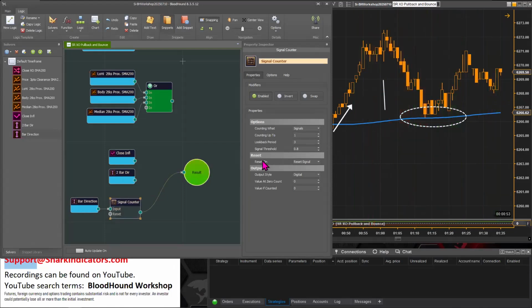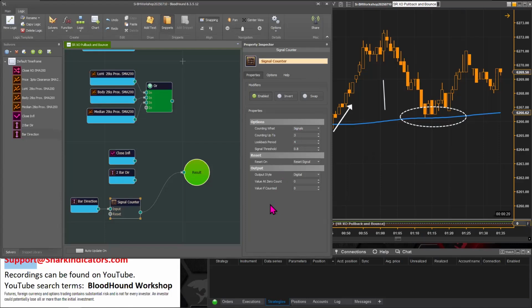Let's connect that up. Now, this time, let's say we want at least 3 bars in the same direction. But since we're going to allow for a down bar, we're going to add an extra look back period. So 3 bars out of 4 need to be in the same direction.